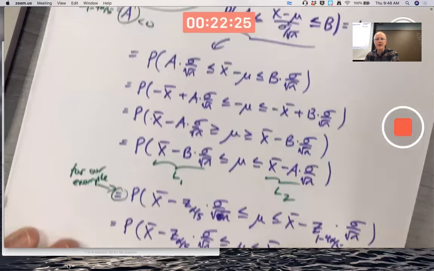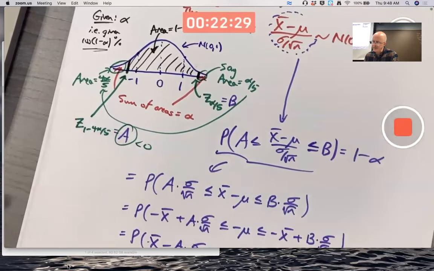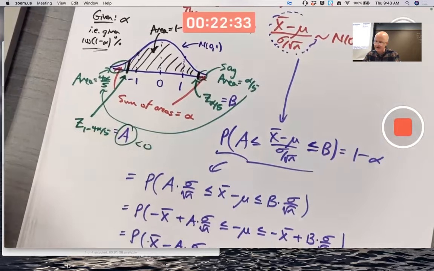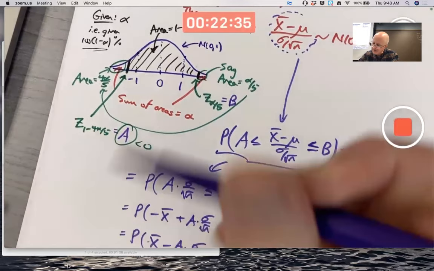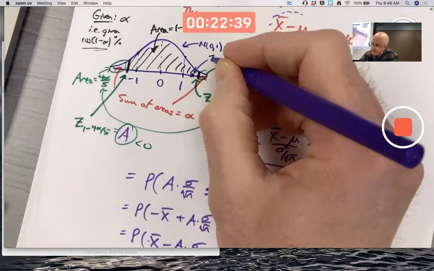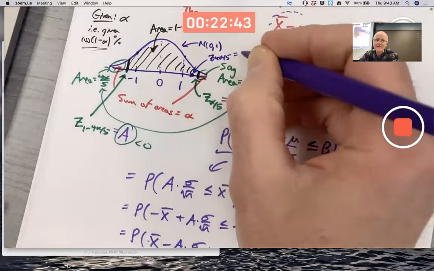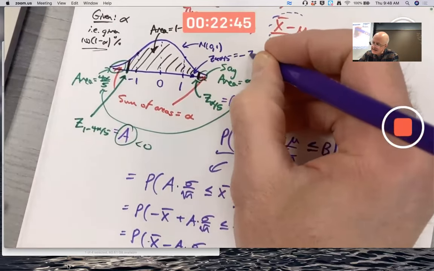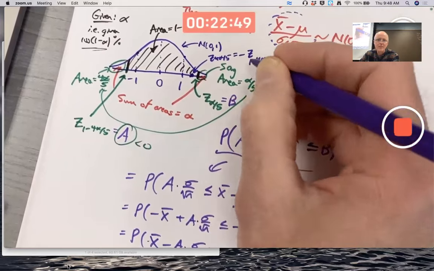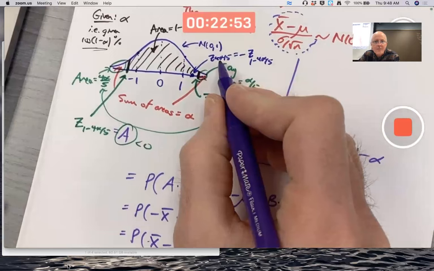Z sub 1 minus 4 alpha over 5 is the opposite of another number that would be right about here, say. That would be Z sub 4 alpha over 5. It's the opposite, negative Z of 1 minus 4 alpha over 5. Maybe I should have multiplied both sides of that by -1 there. That's an alpha there if you can't quite tell.